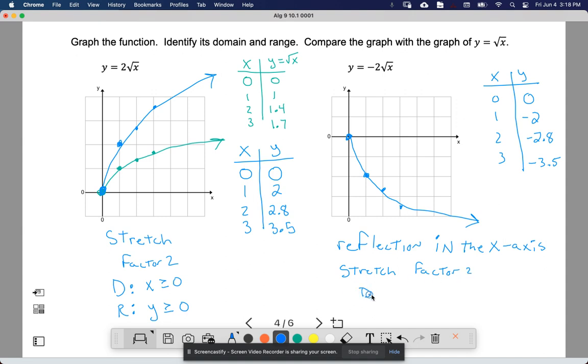And the domain is going to remain the same because we're going obviously in a positive direction. So x is greater than or equal to 0. And then the range, that changed. Our y's are now less than or equal to 0. So a minus sign flips it, a reflection over the x-axis, so we get all the y's that are less than or equal to 0.